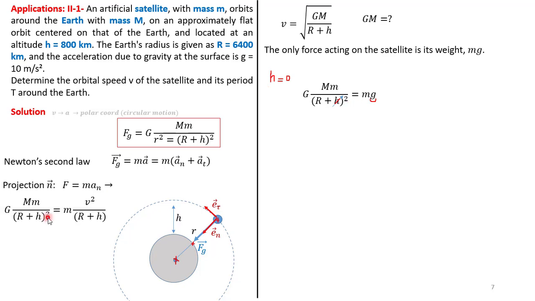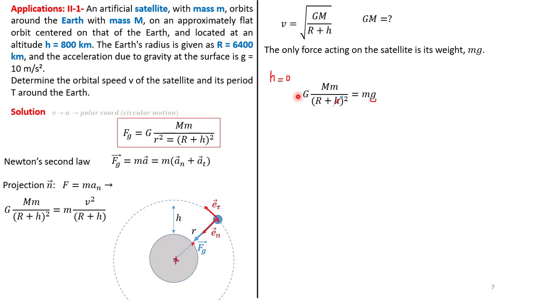This is a very important remark. Please pay attention that g corresponds to an altitude that is very near to the surface of the Earth or on the surface of the Earth. So g is for h equals 0.